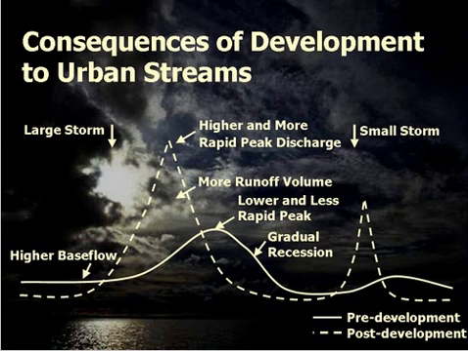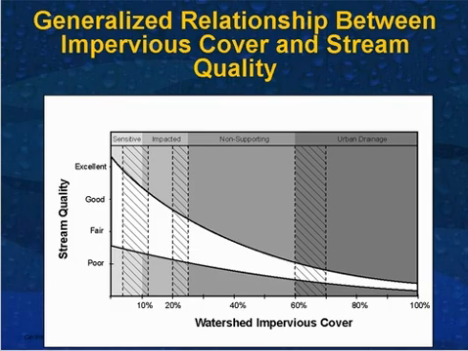In the next slide, which we borrowed also from the Center for Watershed Protection, which has done a lot of research into many of these kinds of questions, is a generalized relationship between impervious cover and stream quality. And here, I should point out that we are talking about what EPA calls first and second order streams, basically the headwater streams. So we're not talking about the Mississippi River here, but these smaller streams.